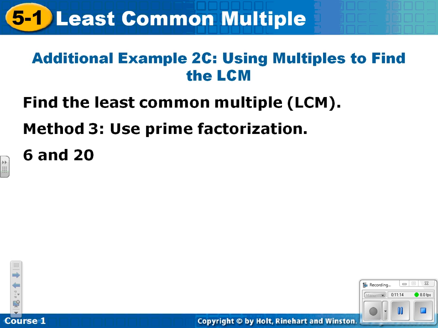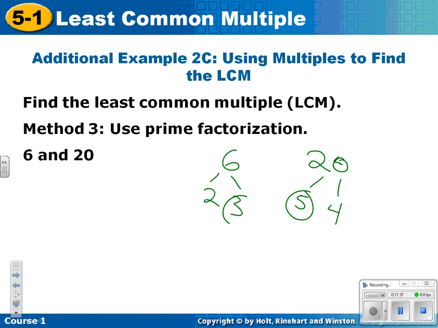Now, remember, to find the prime factorization of each number, we make our little trees. What goes into 6? 2 and 3, both prime. What goes into 20? 5 and 4. 5's prime, 4 is not. 2 and 2.